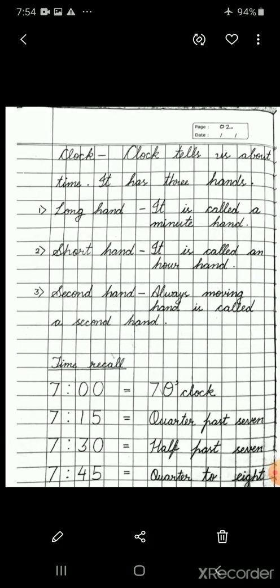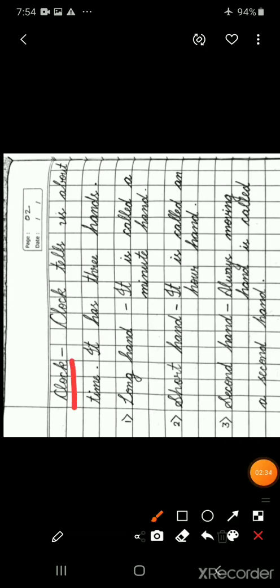Now on the next page you have to write about the clock. You can see here more clearly what I have written. You will write: Clock, dash. Clock tells us about time. Full stop. It has 3 hands. First, the long hand. It is called the minute hand. Full stop.